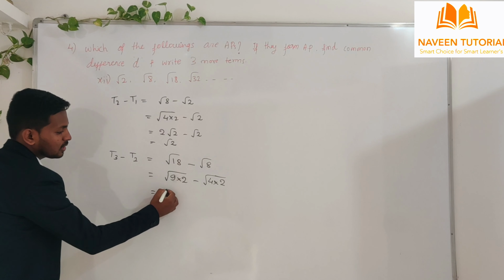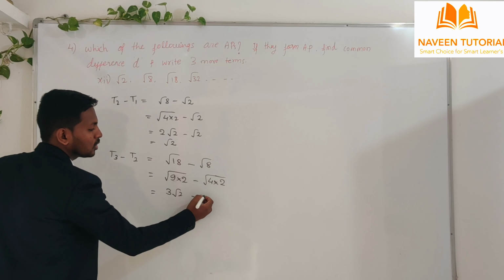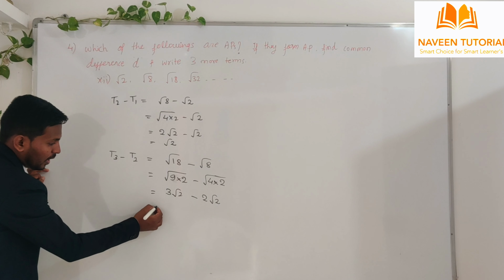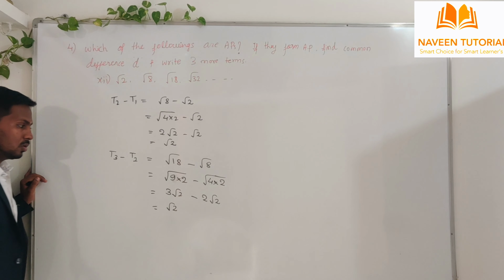Now root 9 is nothing but 3. So 3 root 2 minus 2 root 2.